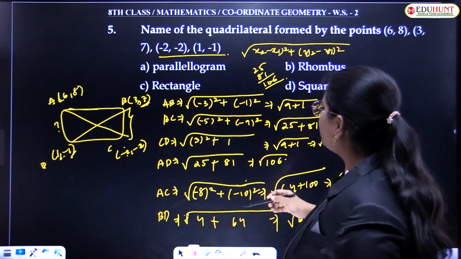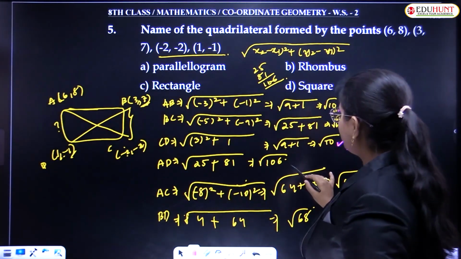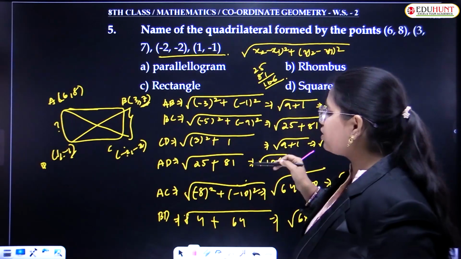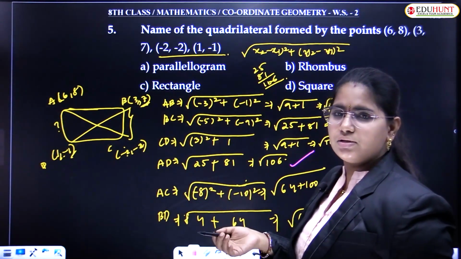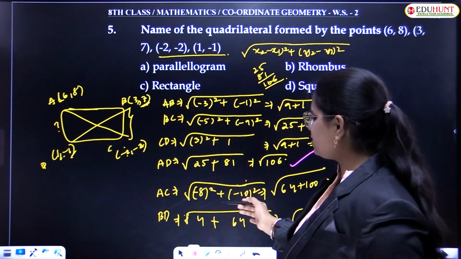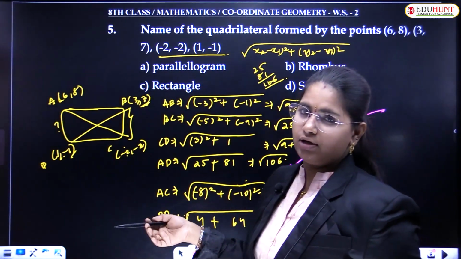So what you got? You got two sides equal, correct? Root 10 and root 10, root 106 and root 106, right? Opposite sides are equal. At the same time, the lengths of the diagonals are different.